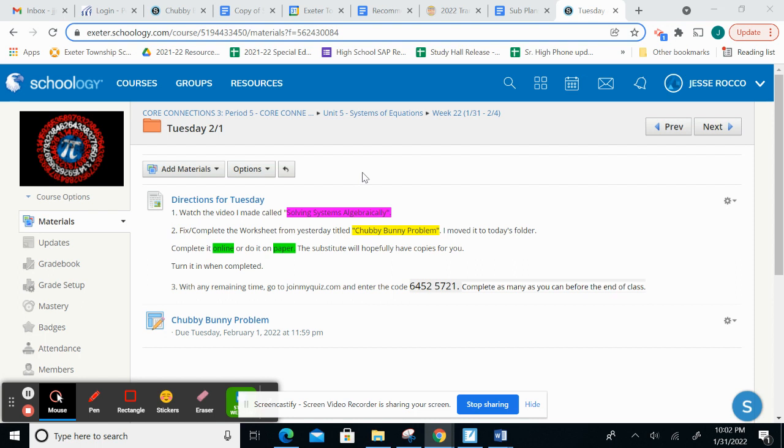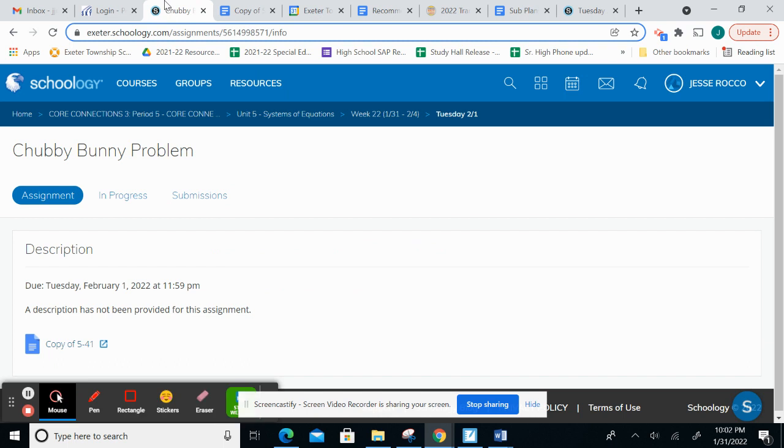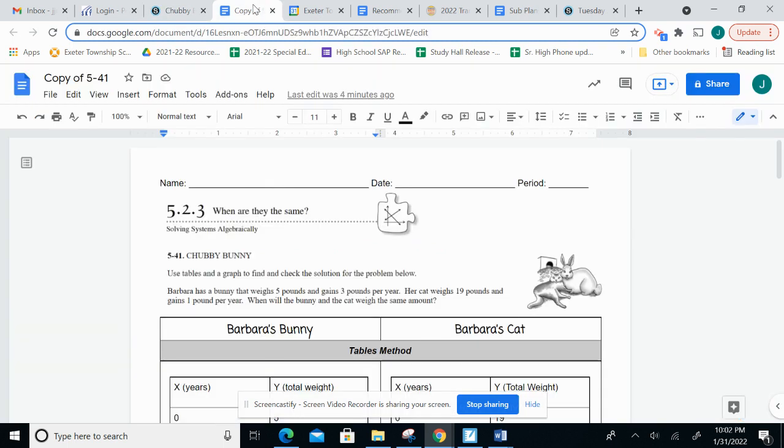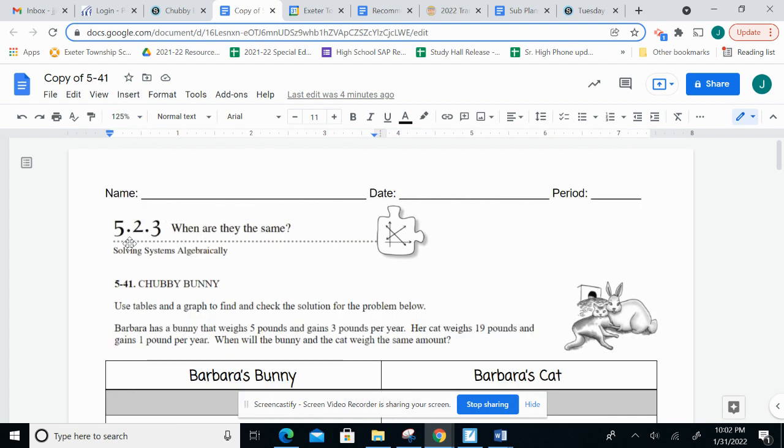All right. So you guys can read the directions, but you're going to work on the same problem that you did yesterday. There are some things that I think you need to fix or take a second look at from what I saw. Those of you who were in school yesterday and didn't open this, you might need to send me a message in Schoology.